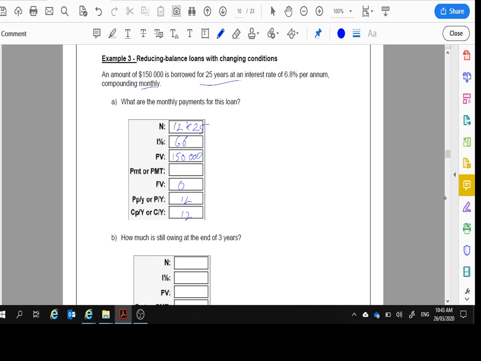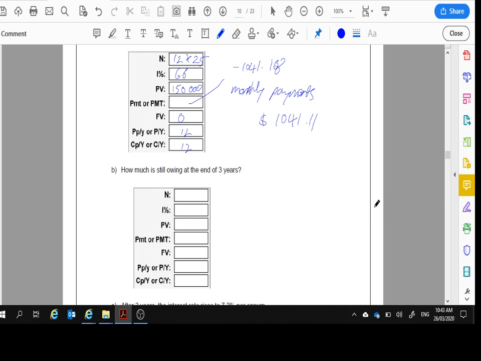Future value is 0 because it's borrowed and therefore it's paid off. Monthly payments we end up working out is negative 1041.108. Remember the negative, you're just paying off. So monthly payments are $1041.11.